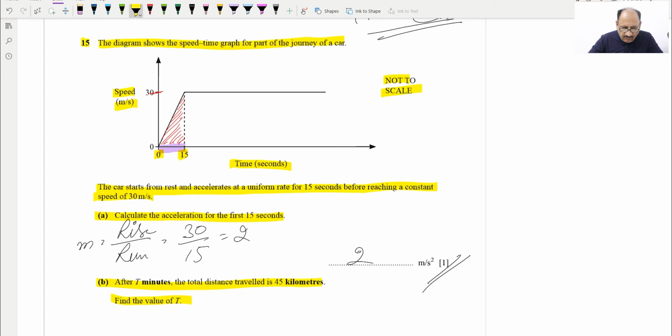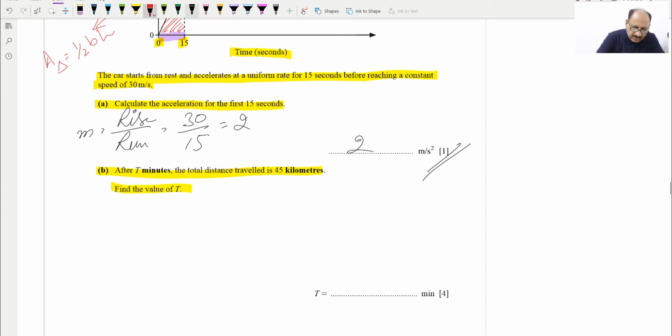First we will find the area of the given triangle. Area of this triangle will be what? Area of triangle will be equal to half into base into height, and this area we can calculate here, which we can write area of triangle is equal to half into base is 15 and height is 30.